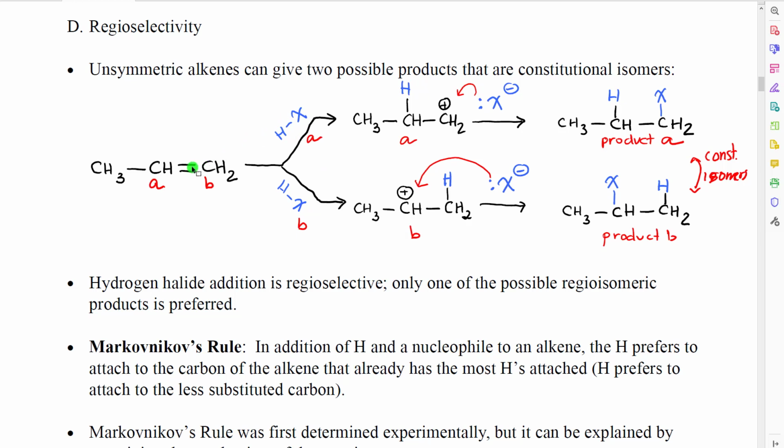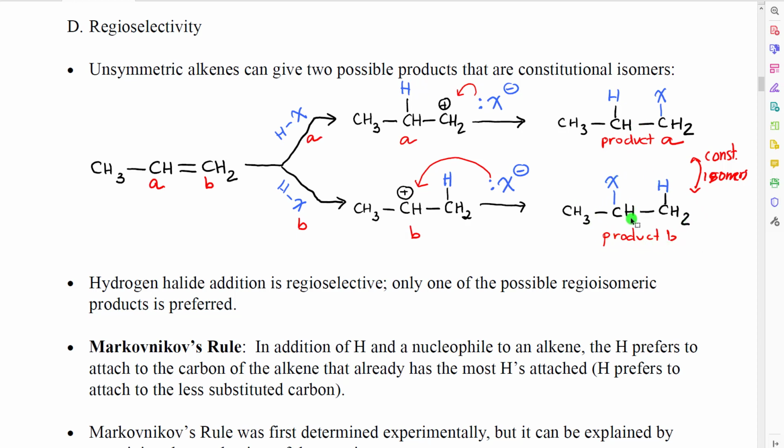If we reacted with hydrogen halide and carbon A made a bond to the hydrogen, then we would get this intermediate, which I have labeled A. The carbocation would be on carbon B. If then the nucleophile reactant made a bond to carbon B, that would give us this product, which we call product A. In contrast, we could also react and carbon B could be the carbon that makes a bond to the hydrogen, in which case we would get this intermediate where the carbocation is on the middle carbon, or essentially on carbon A. The nucleophile would attach to that, and we would get this product.